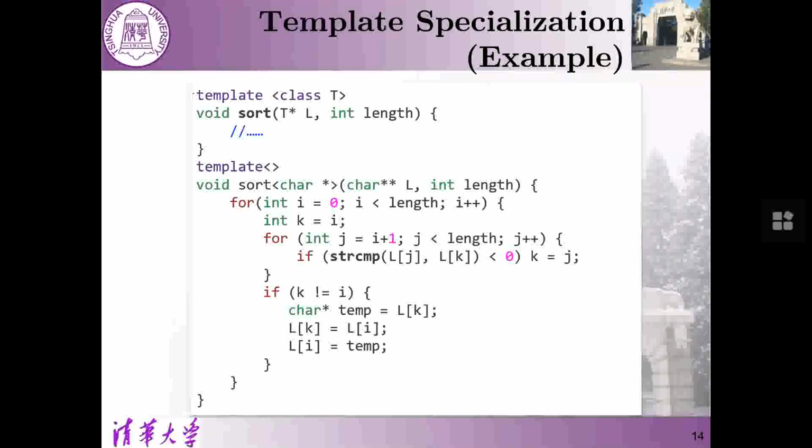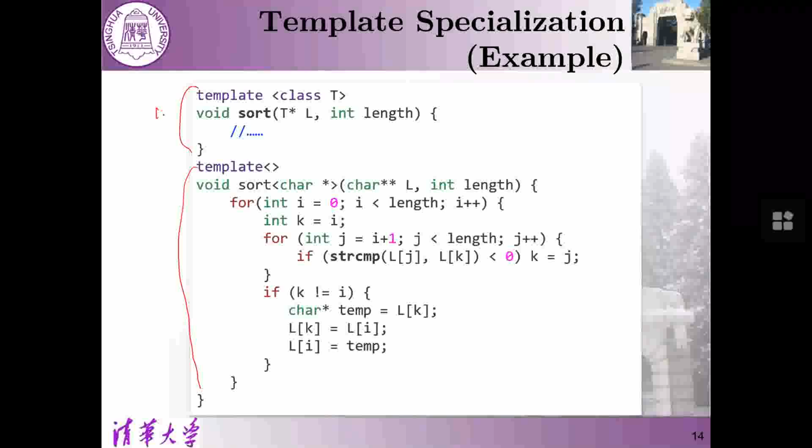So this is how to use template specialization. Basically we have two function templates. This is one, this is two. This is for general types, for integer, for float, like that. Then this is a specialized template without a type parameter, so we directly use this type here.